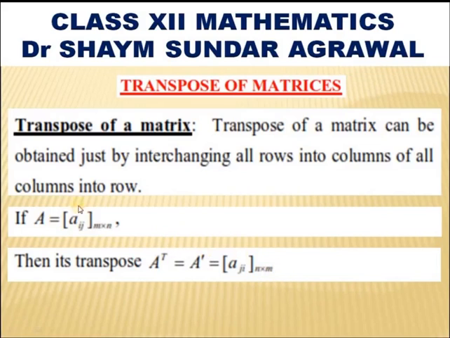If the order of the matrix A is m cross n, then the order of its transpose is n cross m, because we are interchanging all the rows into columns, so automatically columns also change to rows. Previously it was m rows and n columns, now it is n rows and m columns.